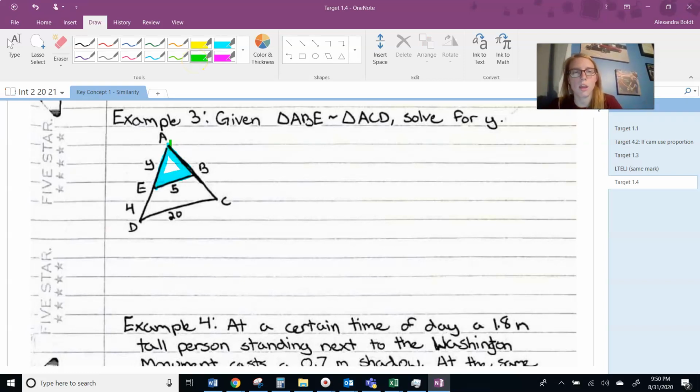And the second triangle we have is triangle ACD. Okay, so we have this blue triangle and this green triangle. I think one of the easier ways to do these problems is to just split it up. So I'm going to draw my blue triangle here. That's A, B, E.